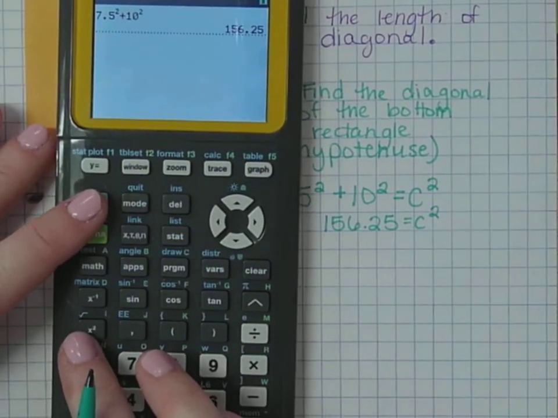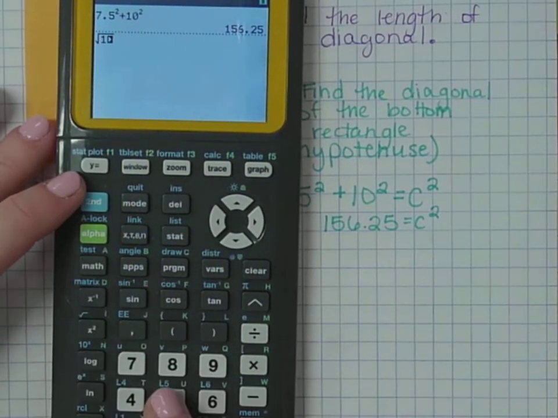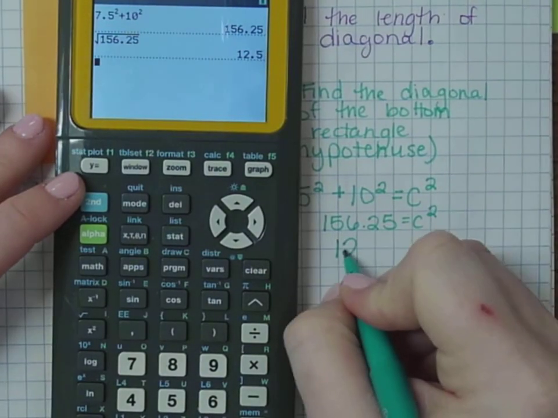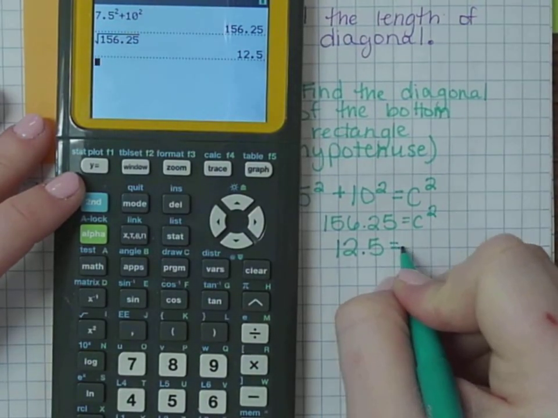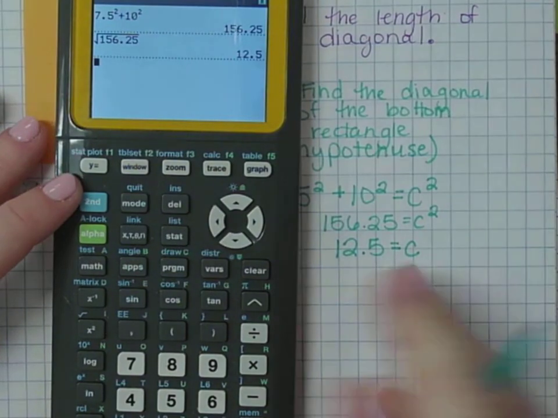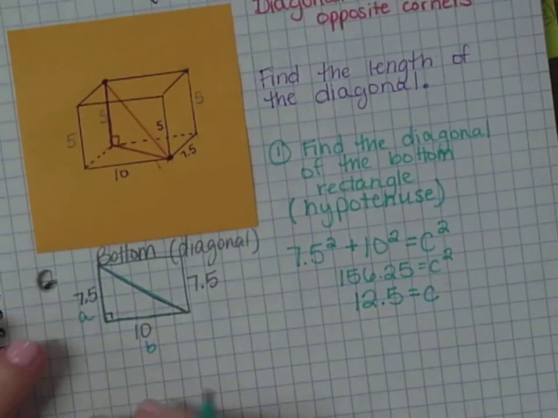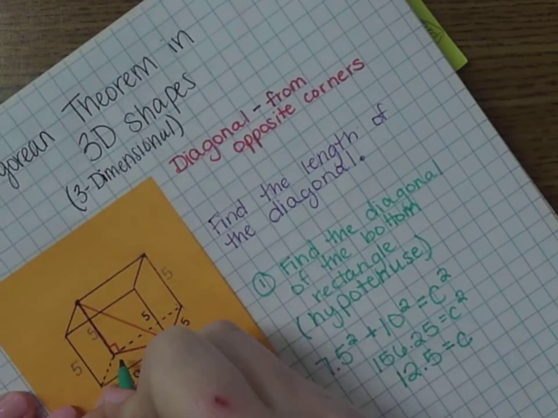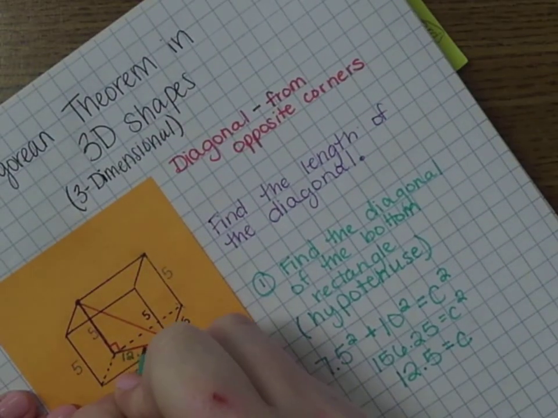And then I want to take the square root of 156.25. So I get 12.5 equals C. So that means this is 12.5, meaning this is 12.5.